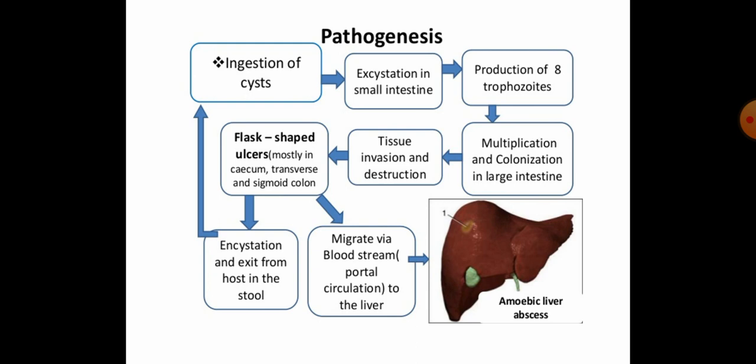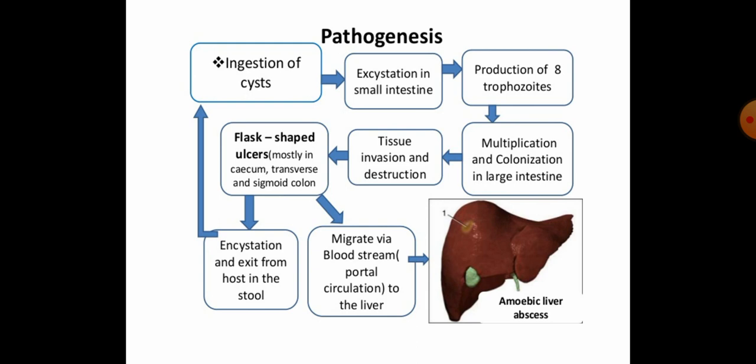Once there is ingestion of the cyst, excystation takes place in the small intestine. It results in formation of the metacystic trophozoites. These metacystic trophozoites multiply and colonize the large intestine. From the large intestine, they set up an infection resulting in flask-shaped ulcers.